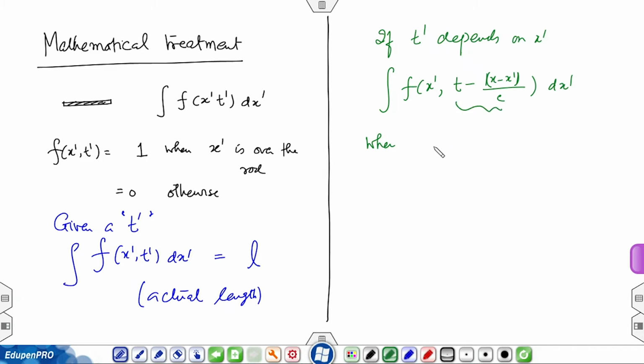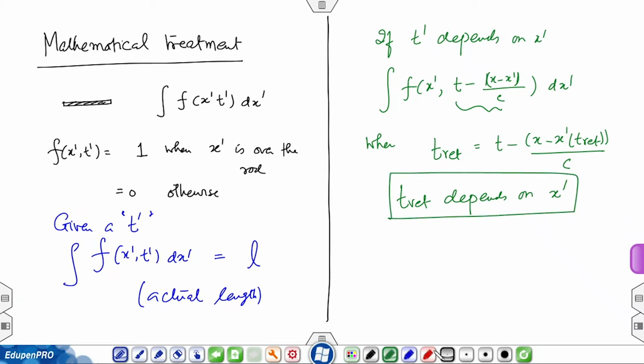This is t retarded, equal to t minus |x - x'|/c, where x' is also being calculated at t retarded. Now, this becomes a difficult integral to do, because t retarded depends on x'. This makes the integral difficult.